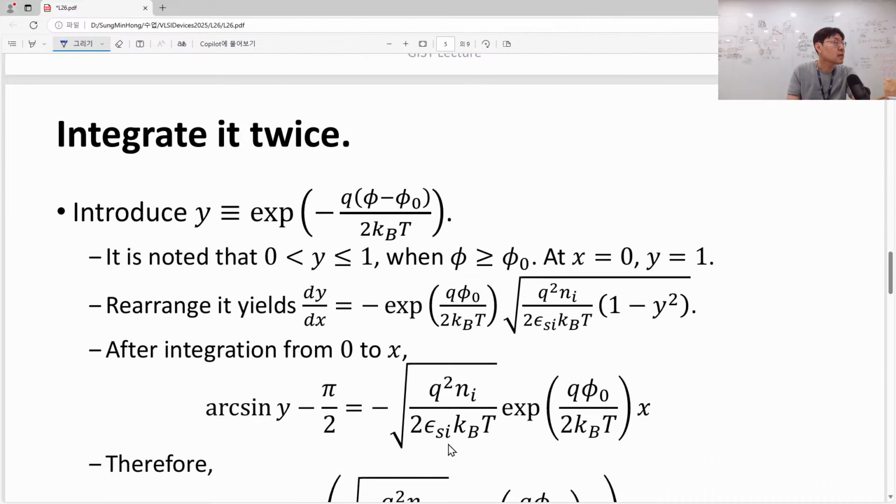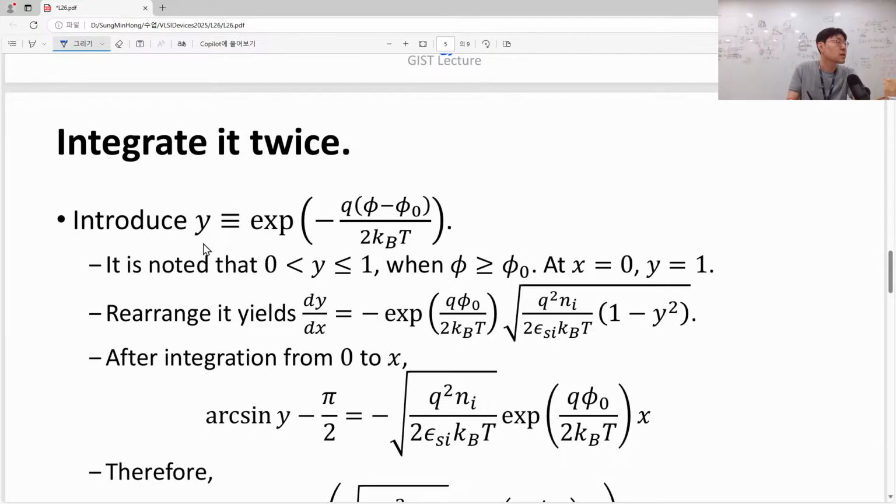So now integrate it once again. We can introduce an intermediate variable and change from our potential variable to this transformed variable. And since this is expressed as an exponential function, this is a dimensionless quantity. And of course, by taking this exponent, it is always larger than zero. Also, please think about this one.